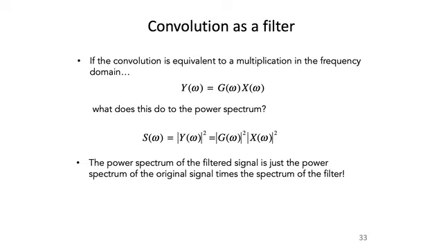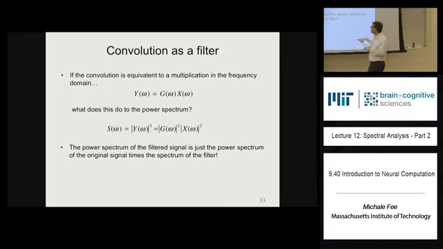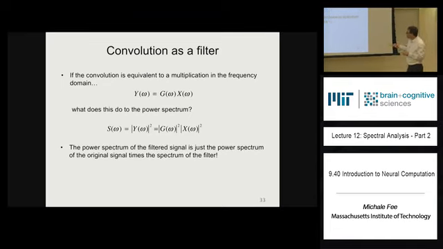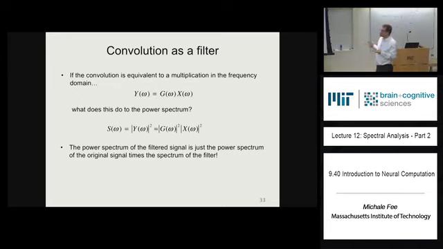So if filtering in the time domain is convolving your data with a signal, then filtering in the frequency domain is multiplying the Fourier transform of the signal times the Fourier transform of the kernel. And you can see that what this does to the power spectrum is just what you would expect. The power spectrum of the filtered signal is just the power spectrum of your original signal times the power spectrum of the kernel.